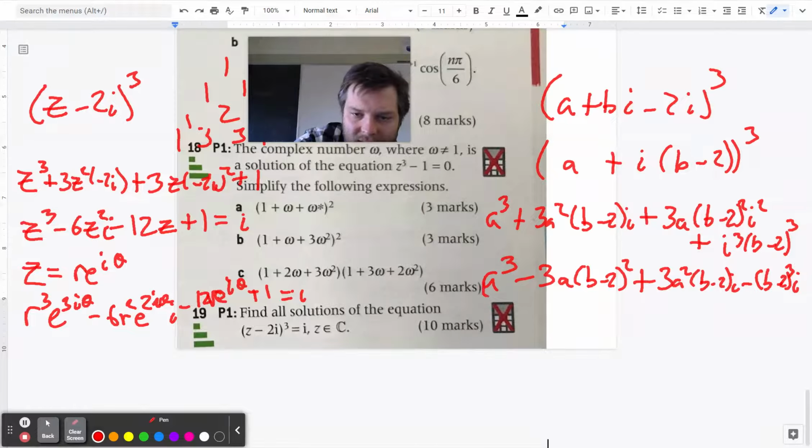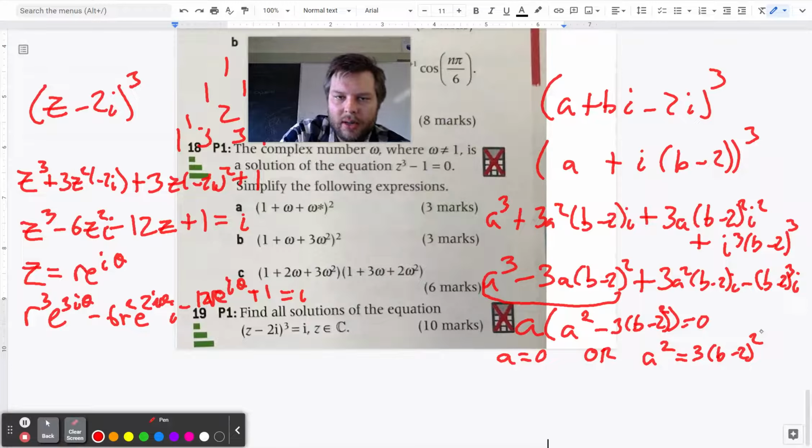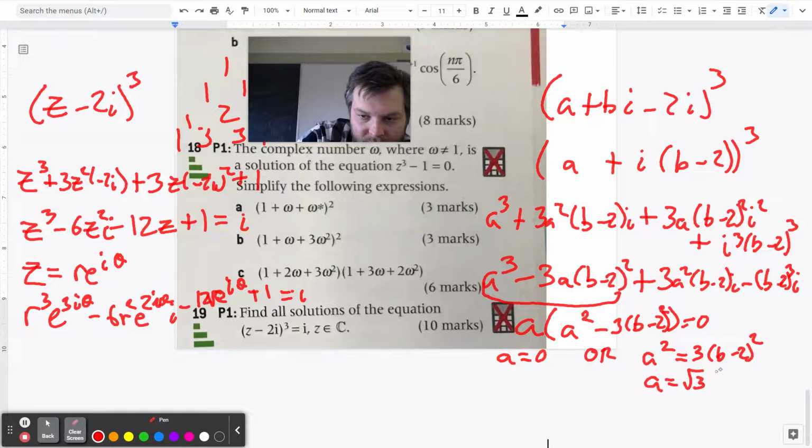So if we set this equal to 0, we can factor out a and get a times (a squared minus 3 times (b minus 2) squared) equals 0. So those are two cases, either a equals 0 or a squared equals 3 times (b minus 2) squared, which would mean if you take the square root that a equals square root of 3 times (b minus 2).